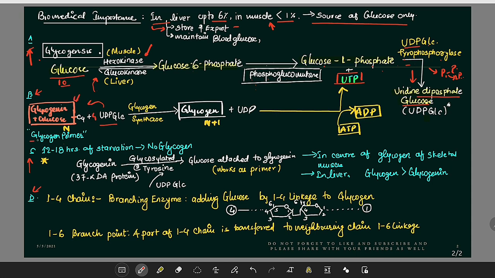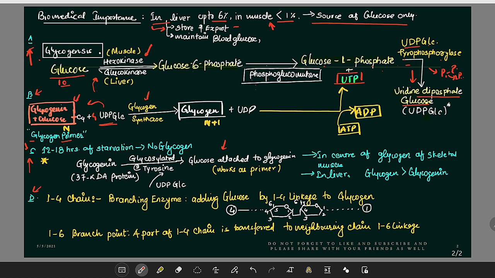I will discuss what these glycogen primers are in more advanced discussions later, like point C and point D. The glycogen primer is chemically glycogenin, or glycosylated glycogenin, a protein which I will discuss later. That is why I am not going into detail right now.